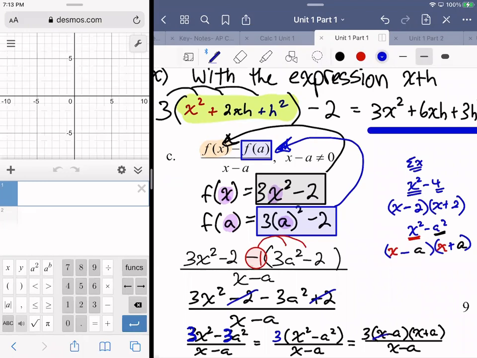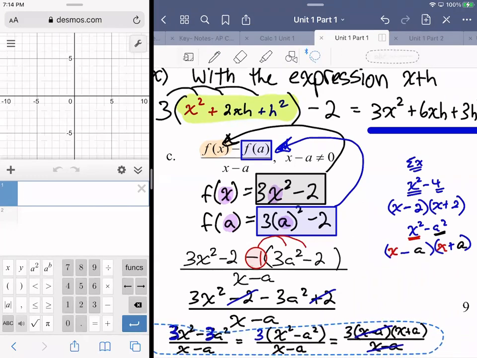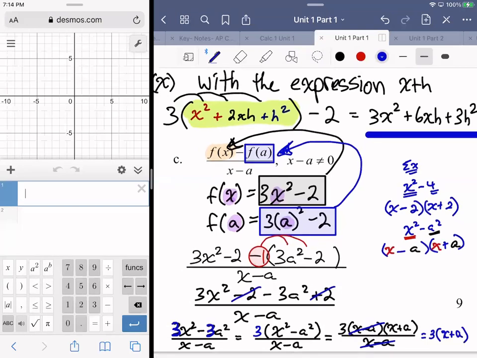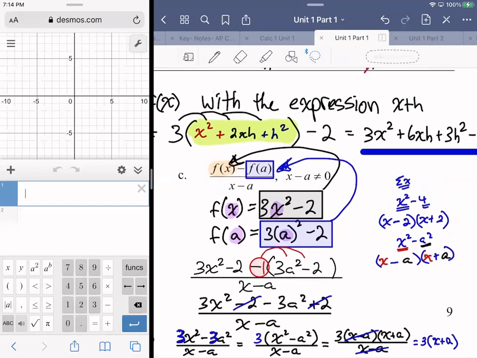But we have a common x minus a that can be canceled. And so we're at our final answer of 3 parentheses x plus a. So 3 parentheses x plus a would be your final answer.